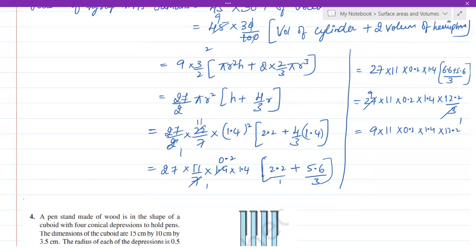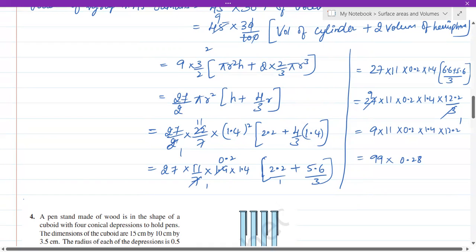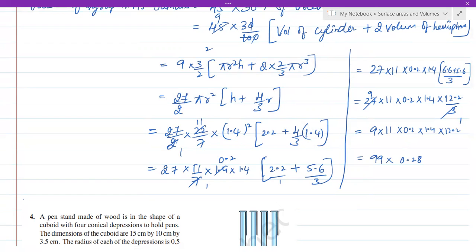So if you multiply all this, 9 into 11 is 99 into 0.28. So I've just multiplied these two, 0.2 into 1.4. 14 twos are 28. So after two numbers, we have to place a decimal. 0.28 into 12.2. So multiply all the stuff, you will get the answer.